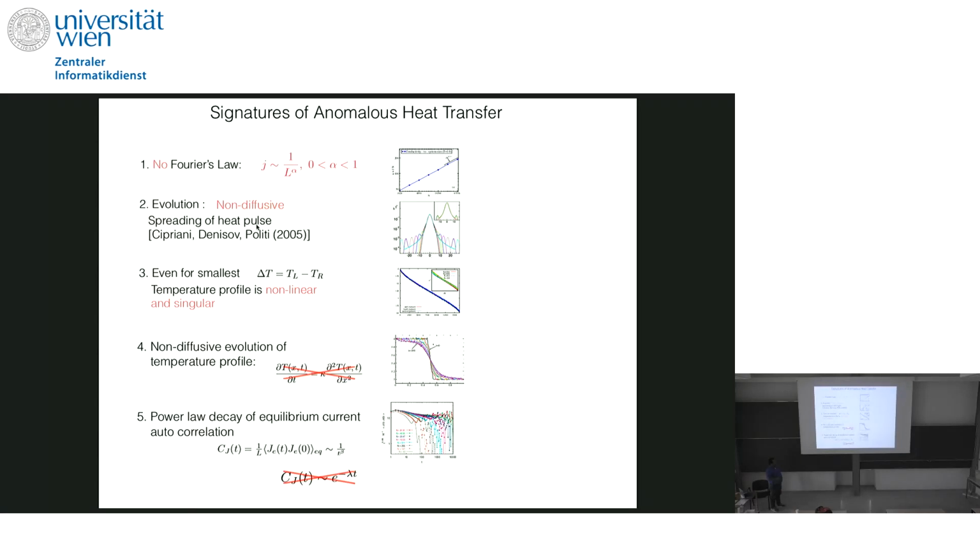If you start with a temperature profile and ask how it evolves to the stationary state, that evolution is also not given by the heat diffusion equation. Another signature is that the equilibrium current correlation decays with time as a power law, unlike the exponential decay in diffusive systems.